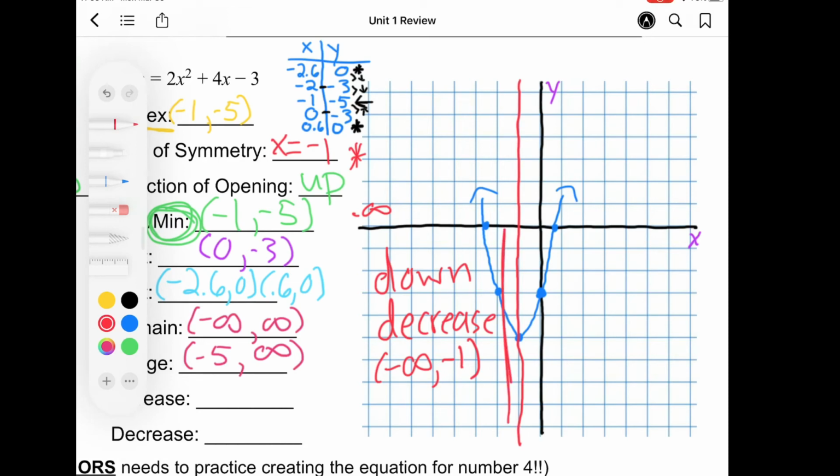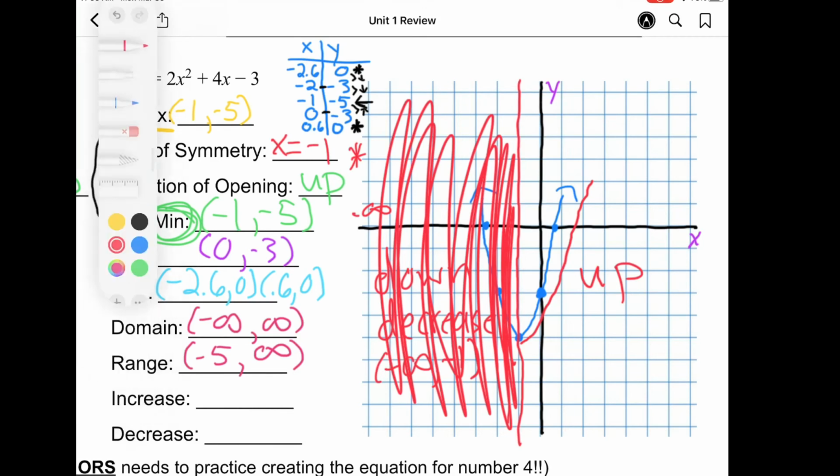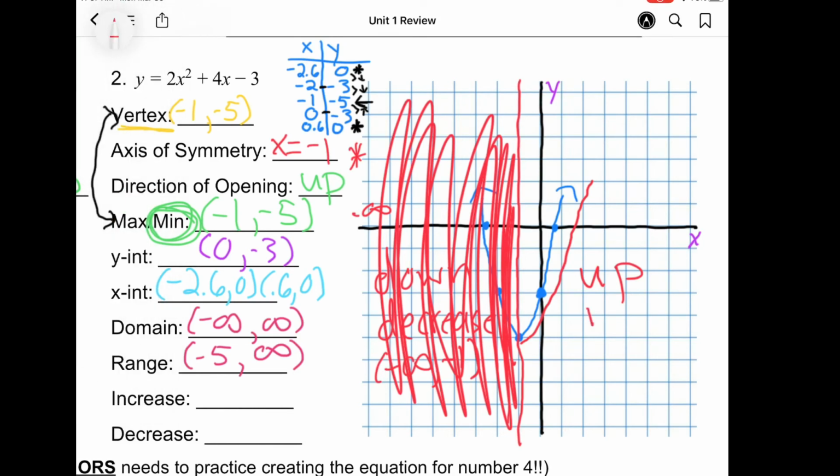But this time we're going to ignore the first half of the graph and only worry about the second half. Starting at that line, left to right, following it along with your finger, are we moving up or down? We're moving up. So if we're going up, we are increasing.